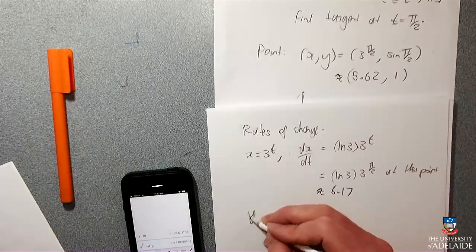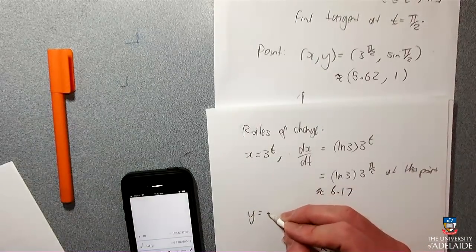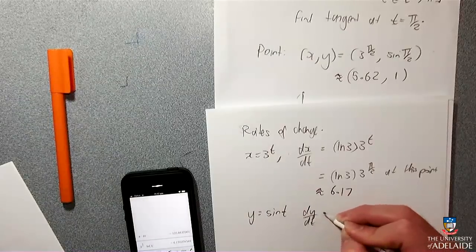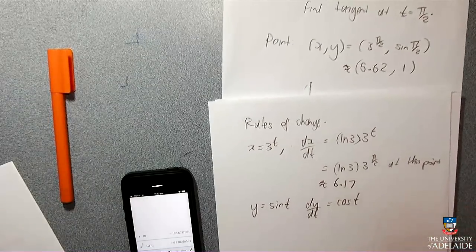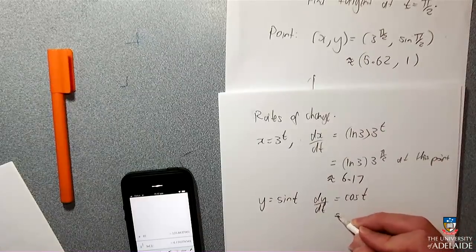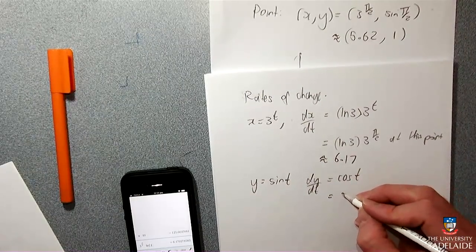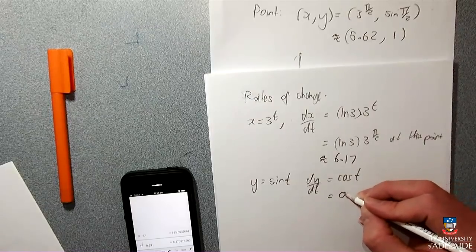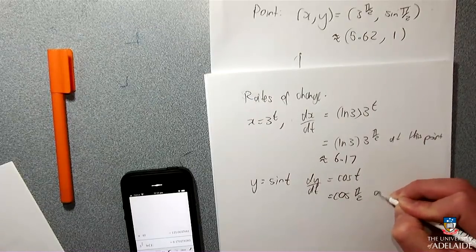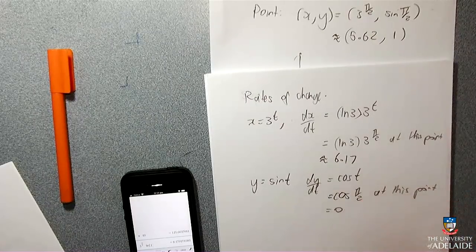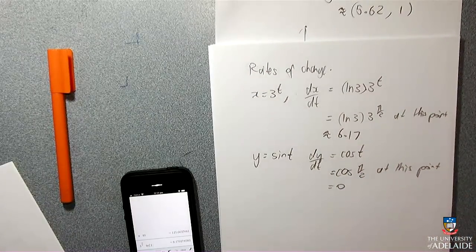Okay, y is sine of t, so dy on dt would be cos of t, which is, oh, interesting, 0. Well, there you go.